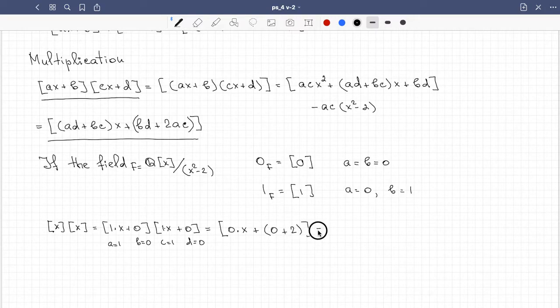So this is the class of 2 after all. 0x plus 2. So x squared is 2. What we found is that x squared is the class of 2 in this field.